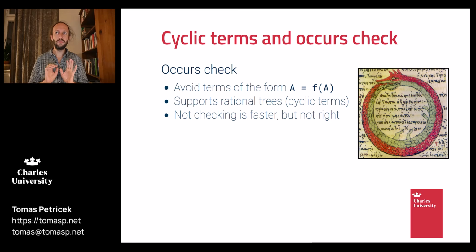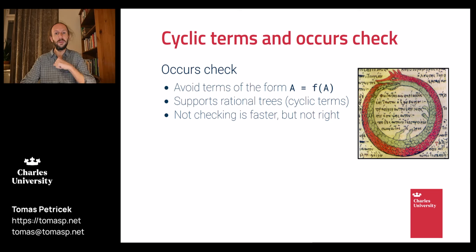Many operations in Prolog are implemented in a way that they support what Prolog calls rational trees or cyclic terms. So if you have a variable that is defined in terms of itself, a lot of terms will actually work and they will not get stuck. They will not run into an infinite loop.